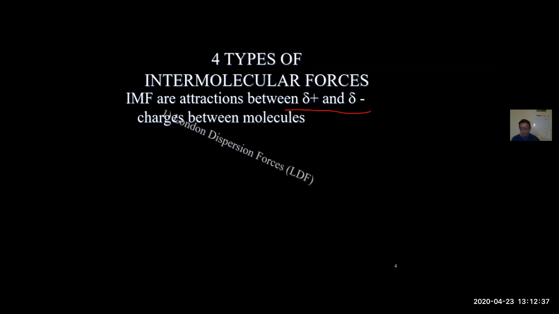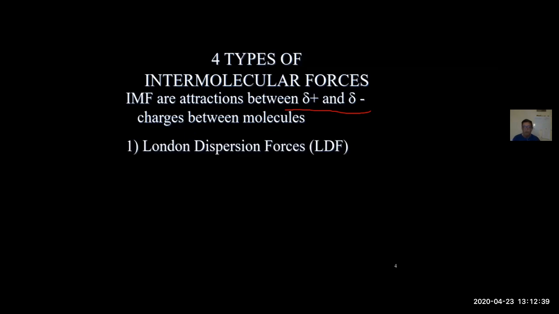The first type is called London dispersion forces. This is the easiest one to remember. Those are those molecules that are non-polar. So all the diatomic molecules that we talked about before have only London dispersion forces.